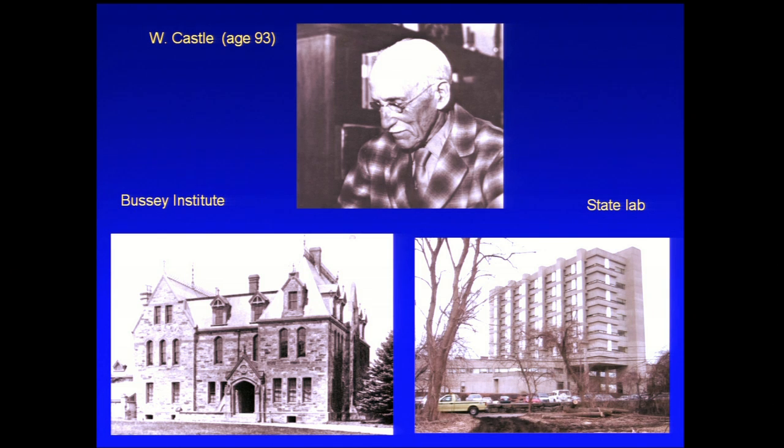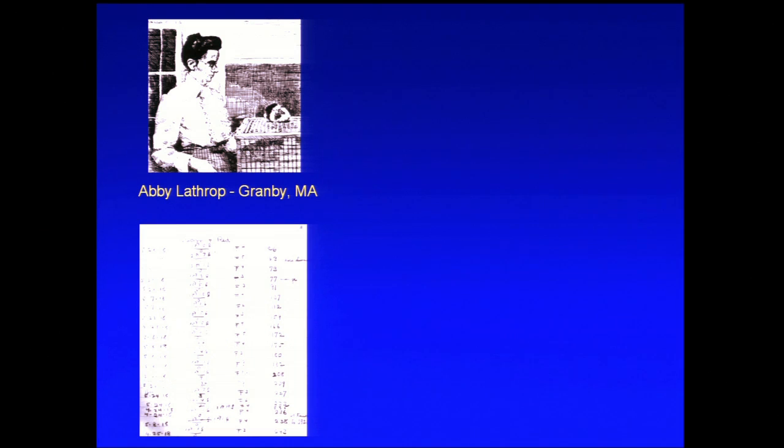Castle made a brief but very important foray into mouse genetics when he and others recognized that if we had a model system which was genetically homogeneous, we could do some interesting things. There weren't the issues of tumor rejection, and he began working with a woman, Abby Lathrop, in Granby, Mass. Granby is in western Massachusetts near Deerfield.